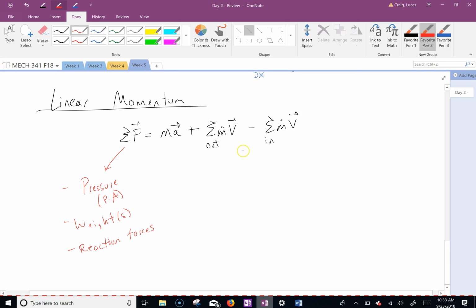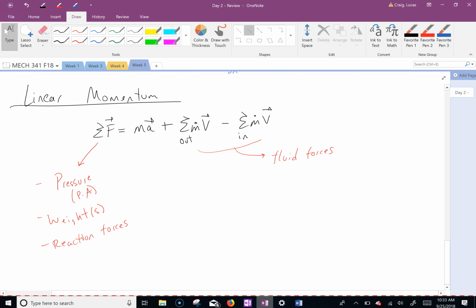This stuff on the right, this is all what? Fluid forces. So you're going to label where the fluid comes in and where it goes out. And what's the other important conservation equation you should be using? Conservation of mass. That states the summation of m dot in equals the summation of m dot out.